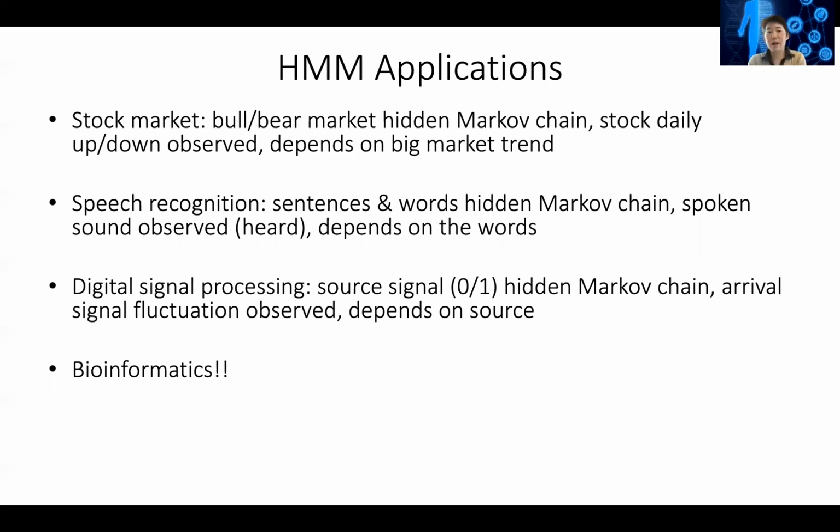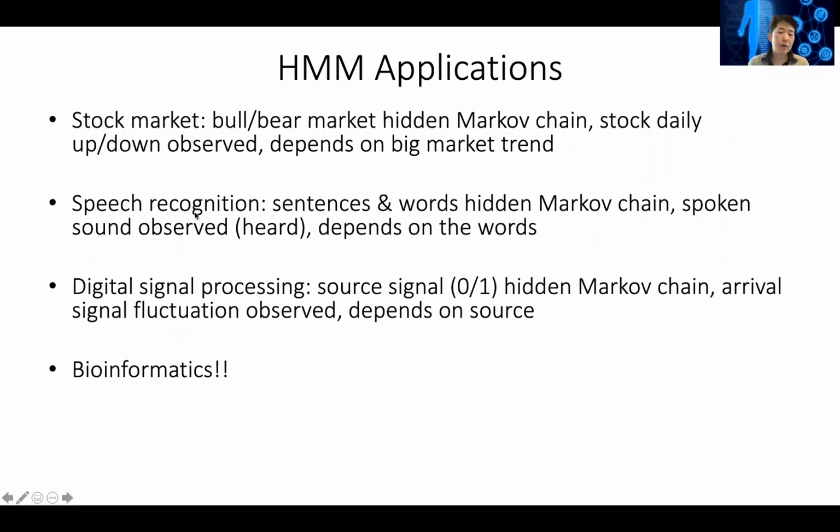Similar to the fair coin versus bias coin, bear and bull would be the hidden states, and the specific day that the stock goes up or down would be whether you get a head or tail on the coin flip, right?